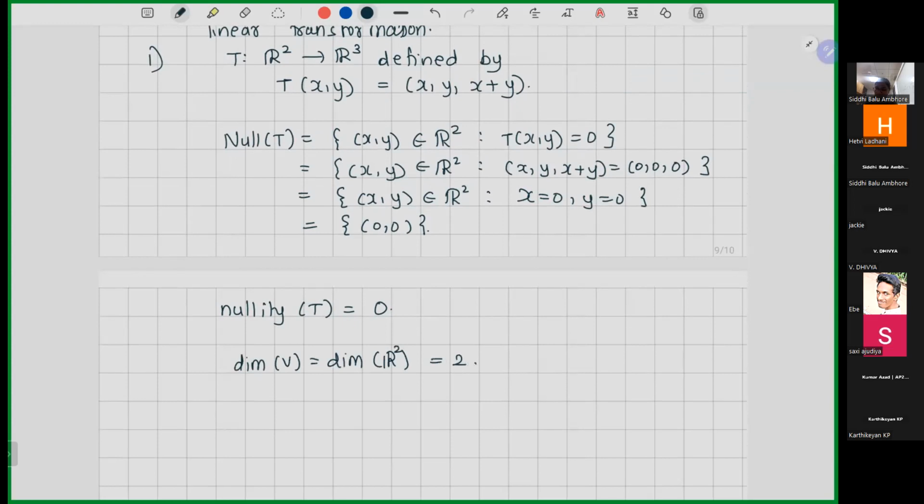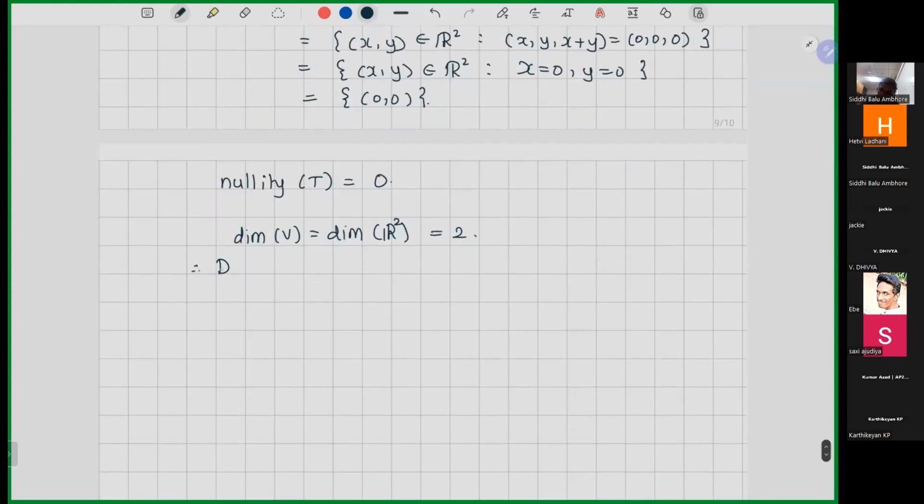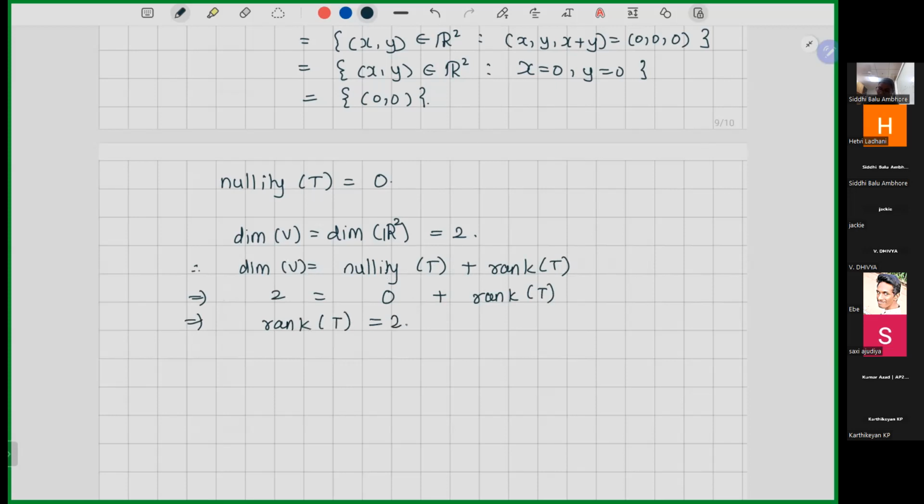So from the rank nullity theorem, the dimension theorem, the dimension of V is equal to nullity of T plus rank of T. So 2 is equal to the nullity of T, which is 0 here, plus the rank of T. From here, we clearly get that the rank of T is actually 2.